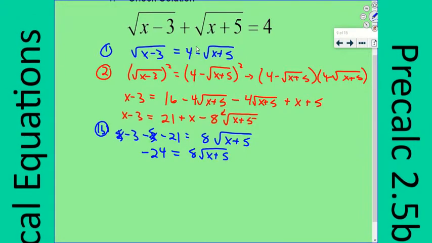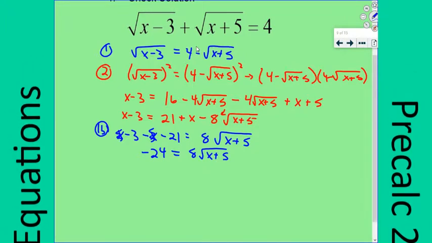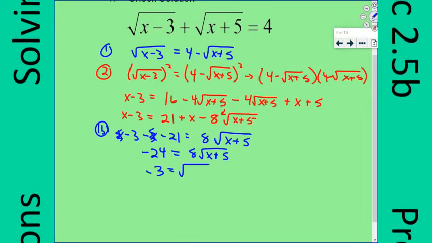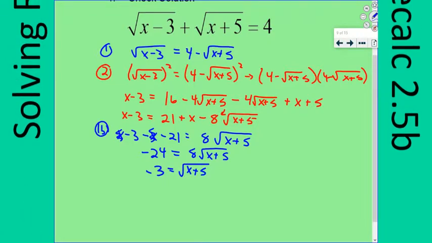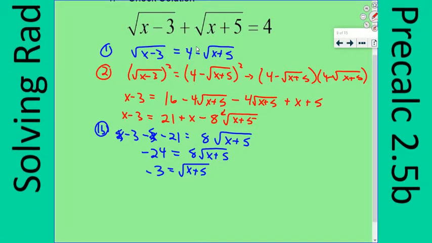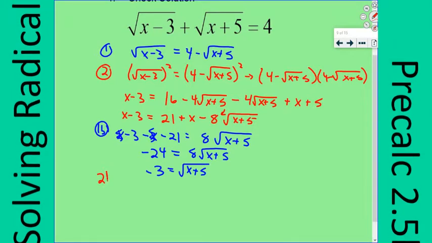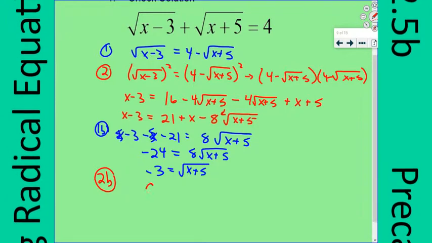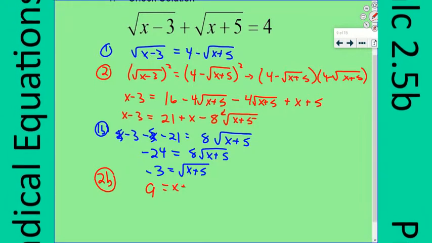Our goal is still to get this square root by itself, so we need to divide both sides by 8. We get negative 3 equals the square root of x plus 5. So then from here, we use the principle of powers again. So 2 part B. We use the principle of powers again, square both sides. We get that 9 is equal to x plus 5.